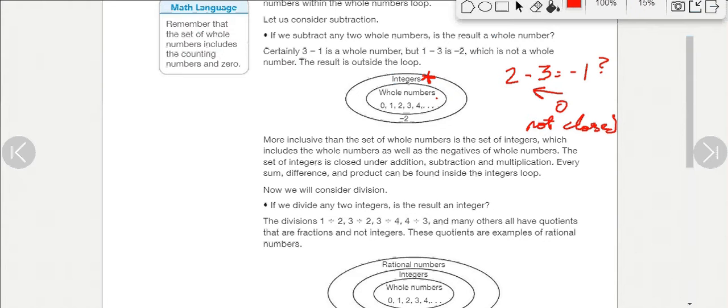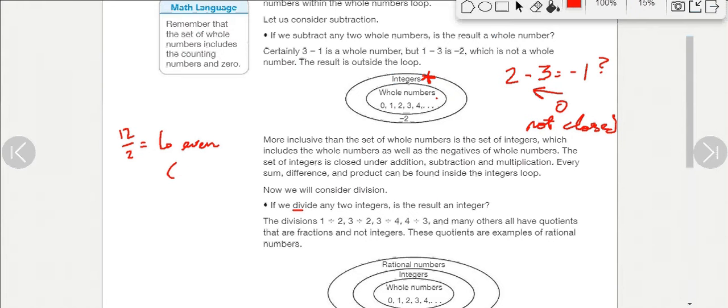They include the negatives. Now, not every operation works for integers either. Addition, yes. Subtraction, yes. Multiplication, yes. It's not closed under division. Why? Because if it doesn't divide evenly to become a whole number... 12 divided by 2 stays under integers because it comes out even.